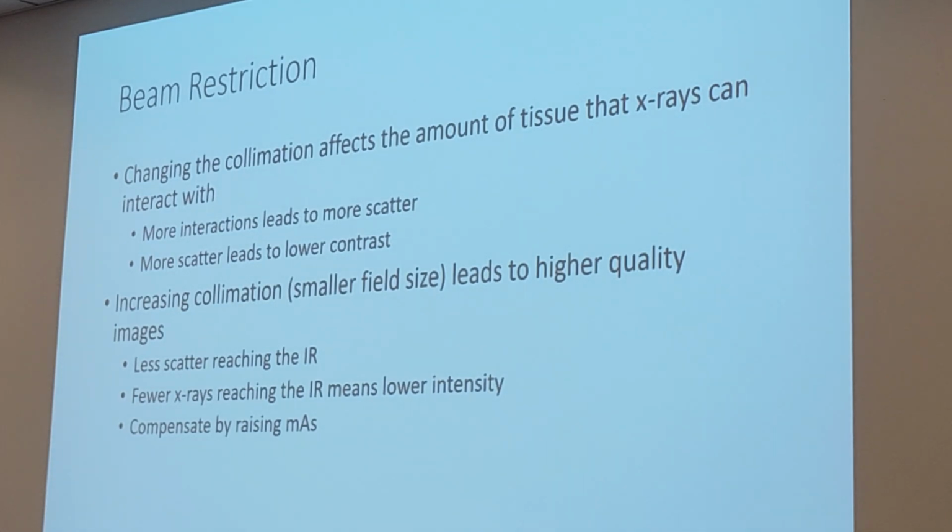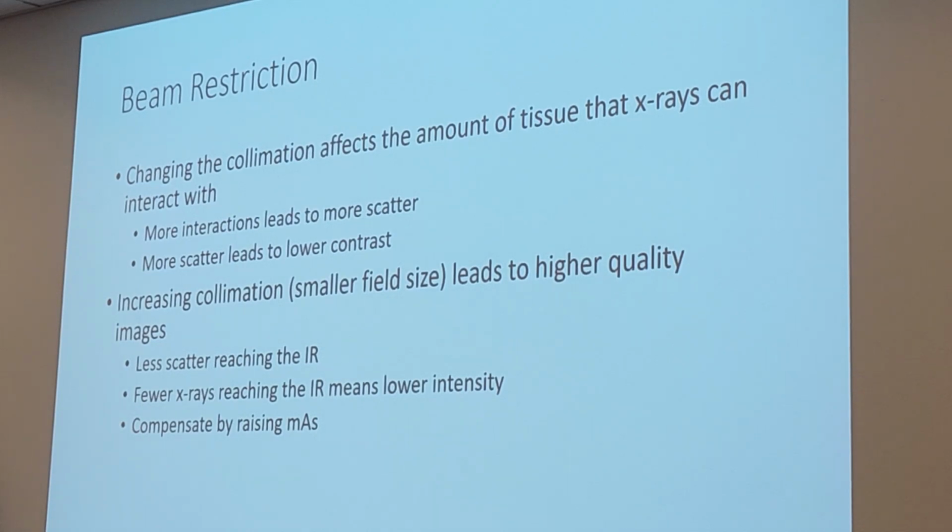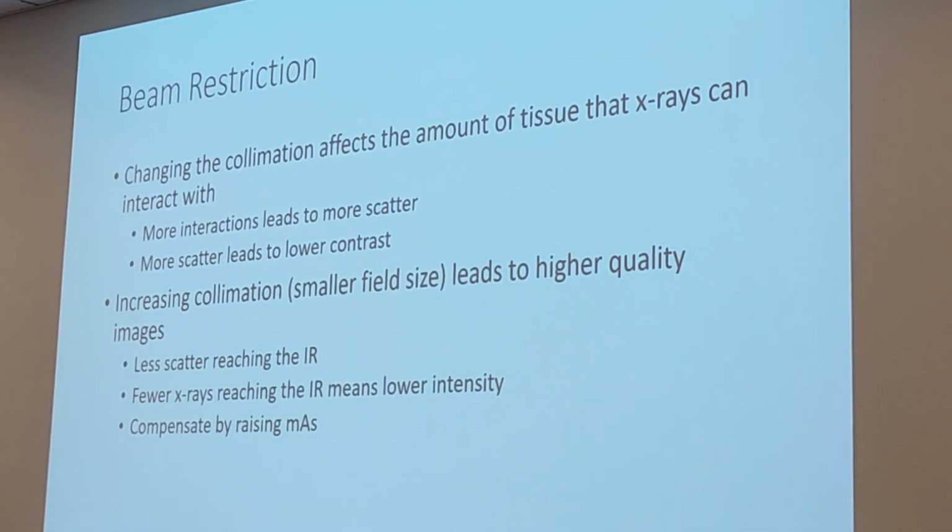What about when they say close it up? When they say close it up, that means increasing collimation. So increasing is not about the size. Are you making it smaller or bigger? Just think of the word collimation as restrictions. Open and close, collimation is like a door or a window.